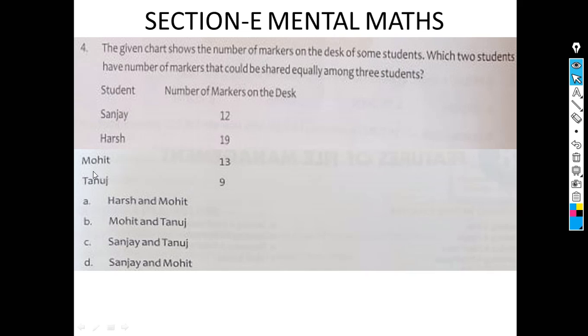This is the list of 4 students, Sanjay, Harsh, Mohit, Tanuj, and they have this number of markers on their desks. Sanjay has 12 markers, Harsh has 19, Mohit has 13, and Tanuj has 9.